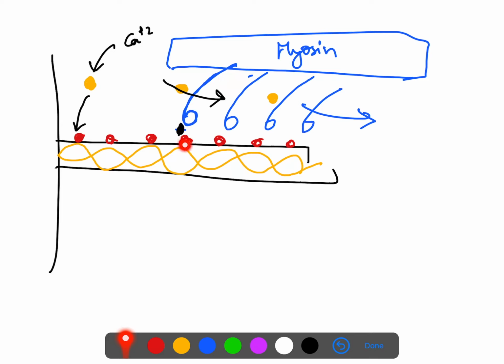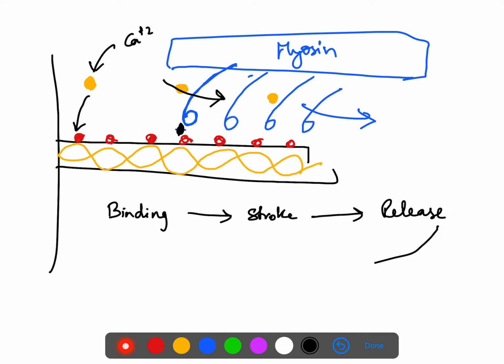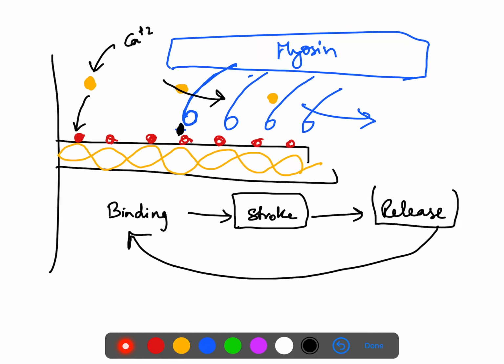But after binding and moving the actin filament inside, it has to release, right? So binding, stroke, release, again bind, stroke, release. You need energy for the stroke and to release also.